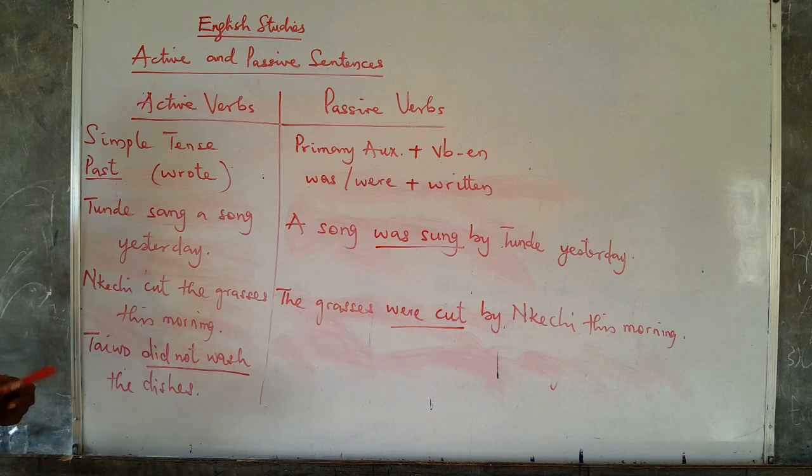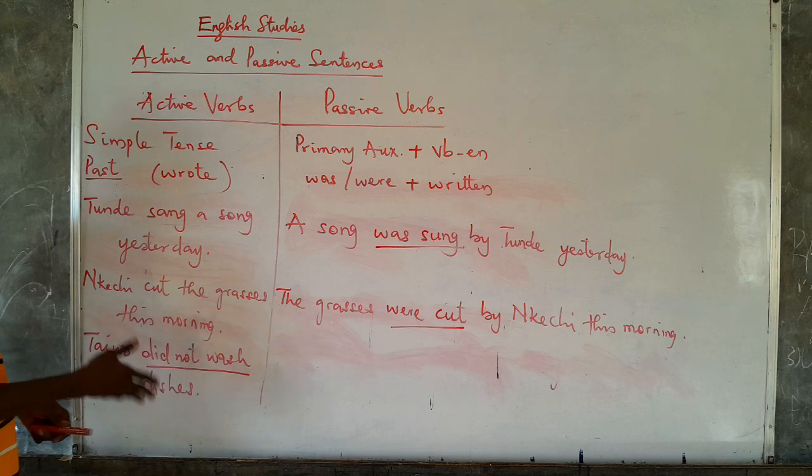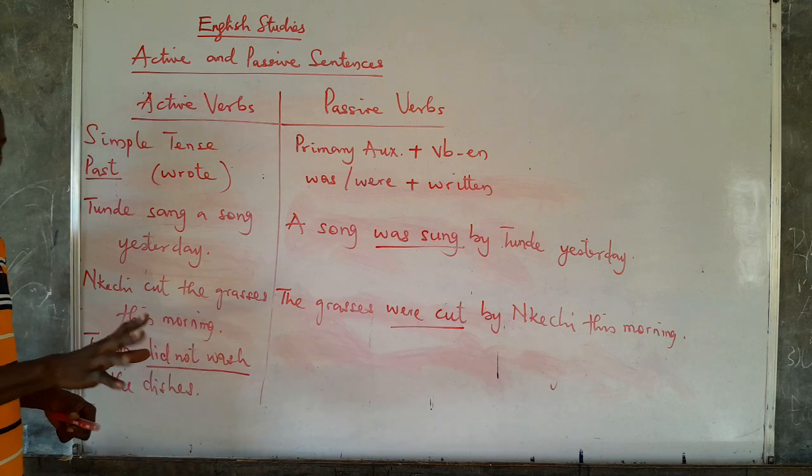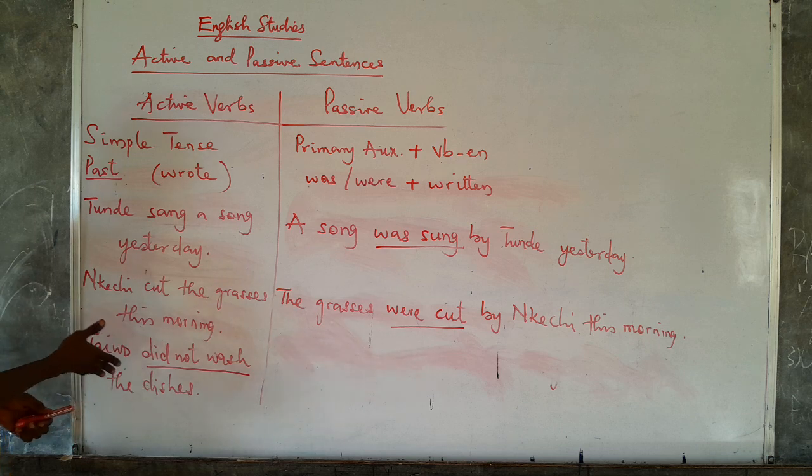To identify whether it is simple or continuous, we use just do and did. Did here is indicating the negative form of do, the negative form of wash in the past. We say Taiwo washed the dishes. That will be the positive. The negative will now be Taiwo did not wash the dishes.